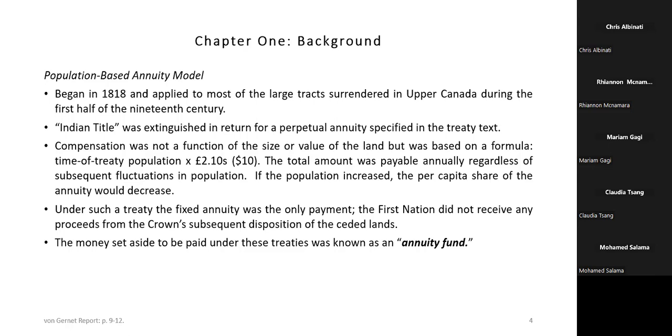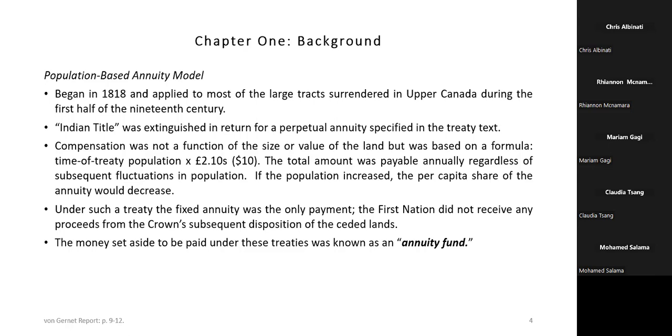I specifically asked you if this assertion of yours is based on an assumption that the annuity is paid out per capita. Because if it's not paid per capita, then it doesn't matter what the per capita share is. Then you're only talking about the amount of the annuity. Yes, the amount of the annuity doesn't change, that's correct.